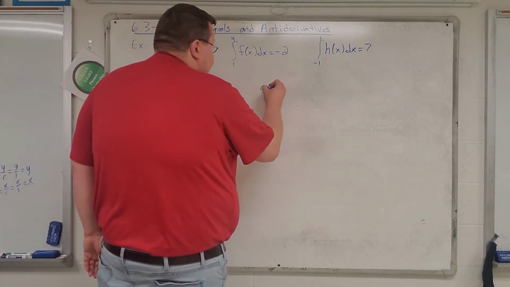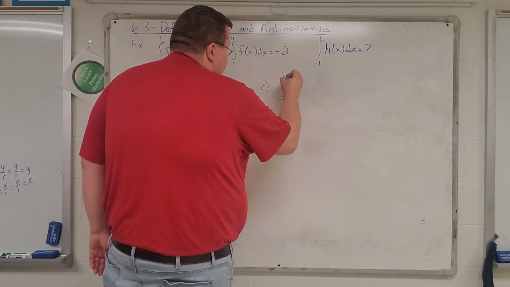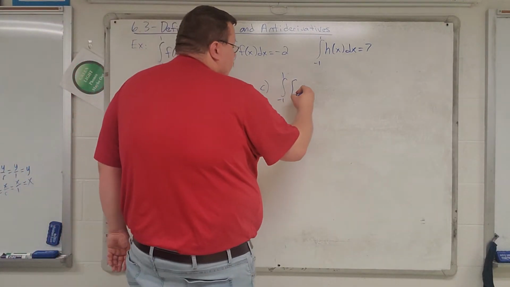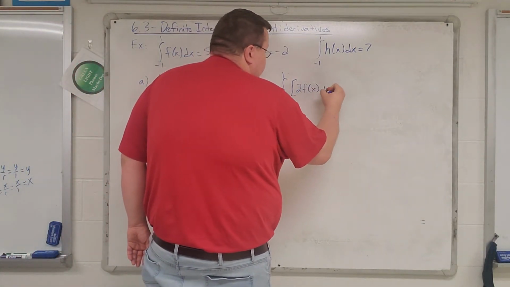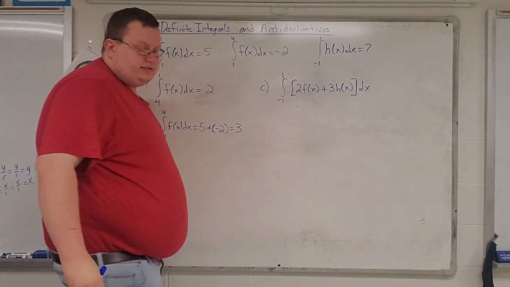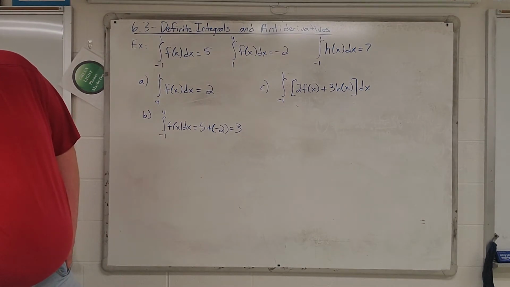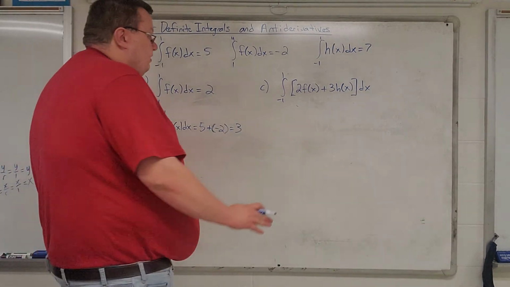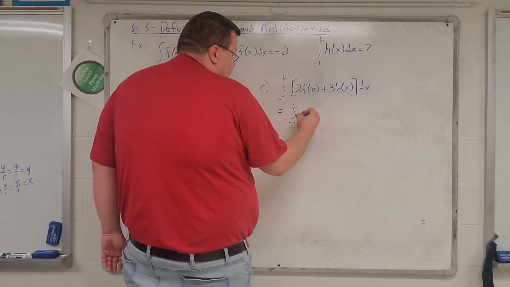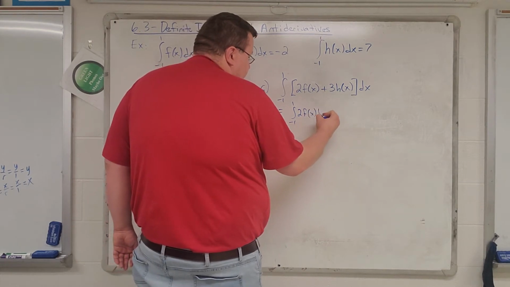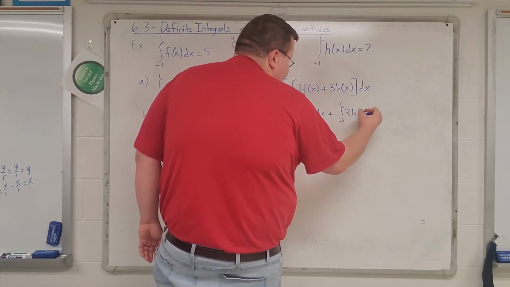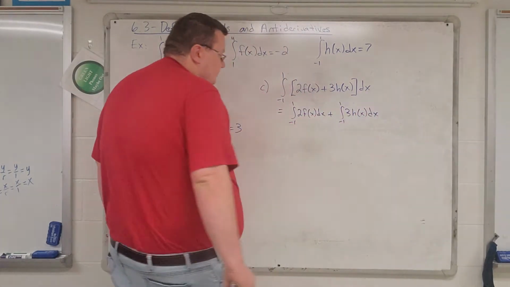All right, let's say instead we want the integral from -1 to +1 of the quantity 2f of x plus 3h of x dx. I can break this down into separate integrals. That's going to be the integral from -1 to +1 of 2f of x dx plus the integral from -1 to +1 of 3h of x dx.